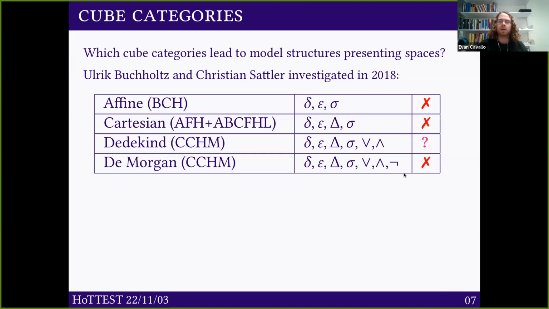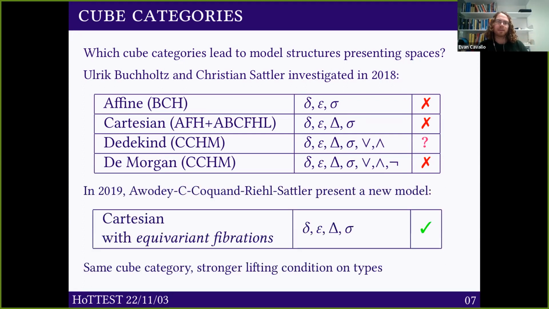The De Morgan one is equally nasty, but there's something obviously wrong with it. Whereas with the Dedekind one, we don't see anything wrong with it, but we just have no way to prove anything good about it. So I have no idea. I don't have a guess.